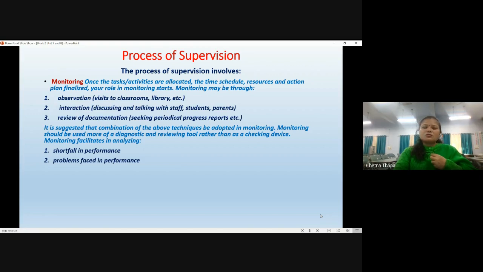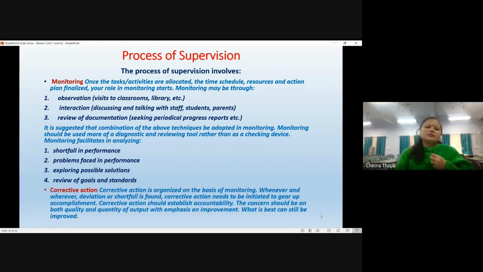You can also analyze what problems the teacher is facing during the given task. If he is teaching, then what are the basic problems he is facing, and you can explore the possible solutions also. You can review your goals and standards if they are not being met during the tasks. So you can have a review on the previously set goals and standards.